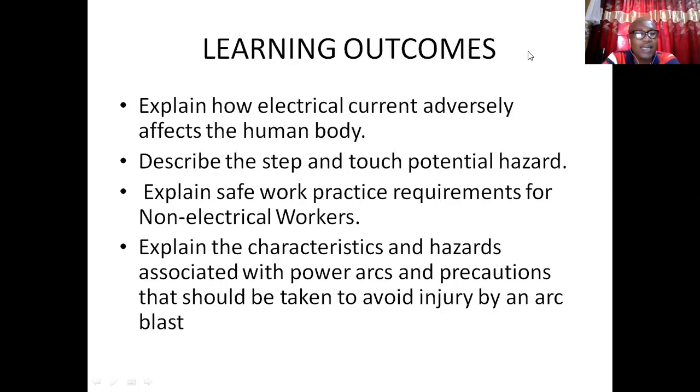So what is the learning outcome? Basically, for this course you understand what electricity is, what is current, what is voltage, what is an ampere. The basic principles surrounding electricity are the general rudiments each student must know in this course.